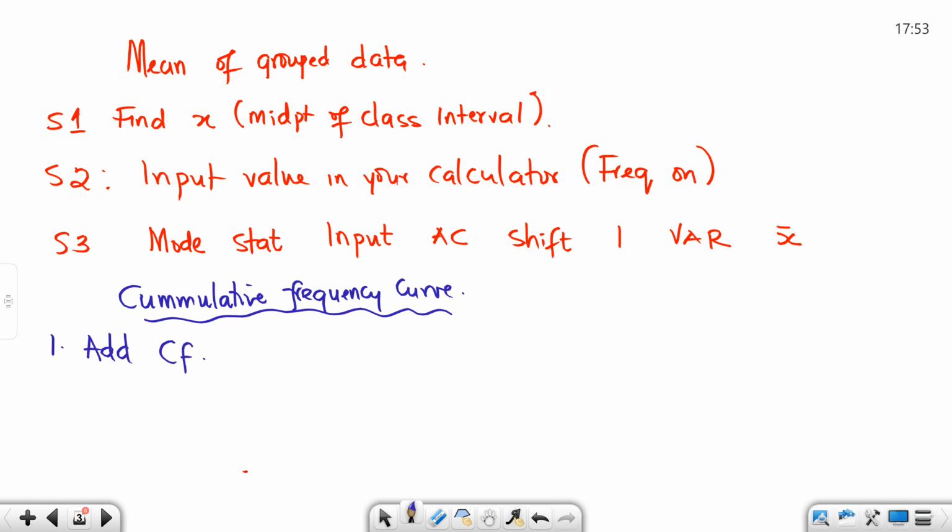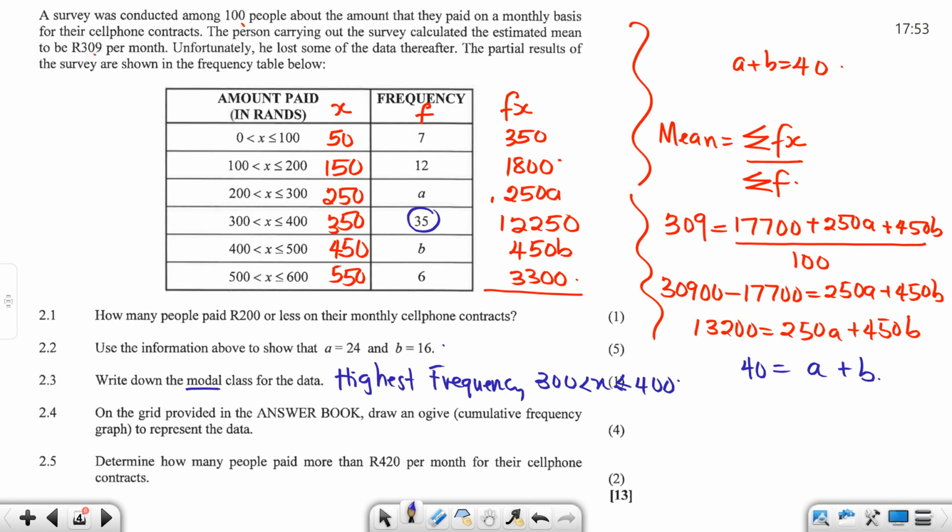Do we know how to calculate frequency? Okay, let's practice that quickly. What will be your cumulative frequency? The first one. Okay, can I just create a column here? What's the first one? 7. What was A again? Let's fill this. This one is 24 and this one is 16.